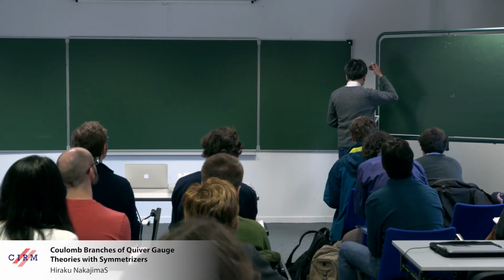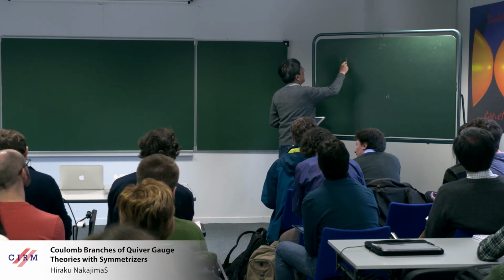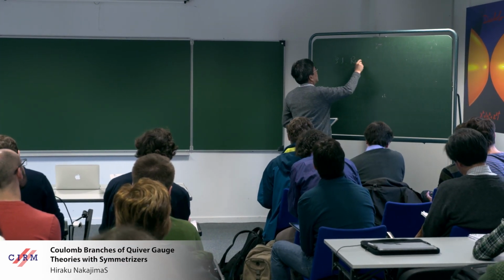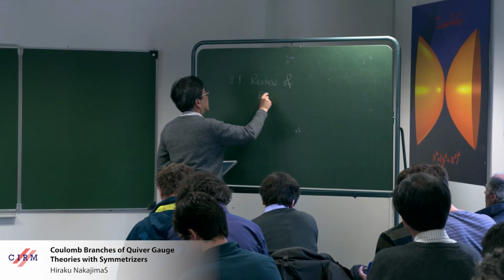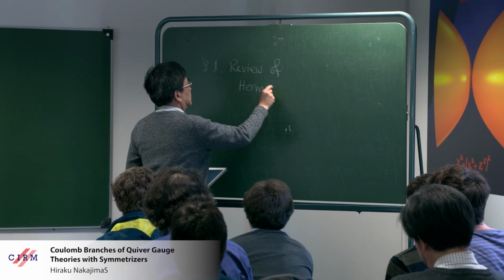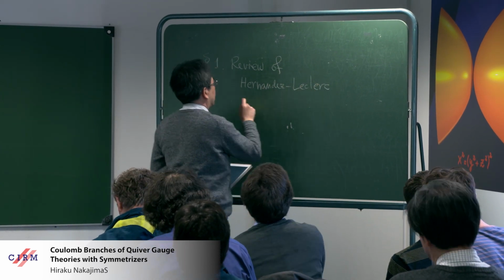Today I will talk about the Coulomb branch for quiver gauge theory for symmetrizers. I will separate my talk into two parts. The first part is a review of works of Hernandez-Leclerc and Grassmannian there.